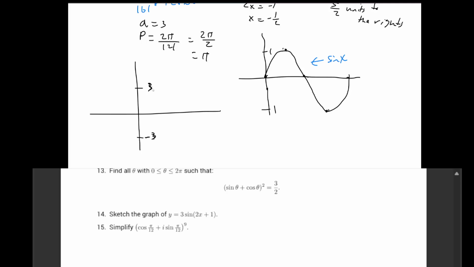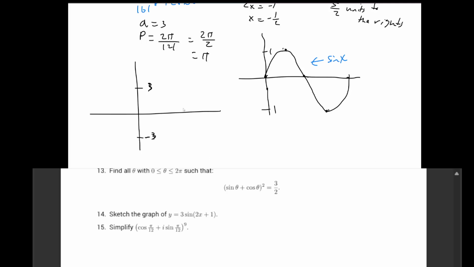Then 2 plus 8 over 2 would be your midline, y equals that. But in this case, y equals 0. The midline's just the x-axis. So our starting value, instead of 0, will just be negative 1 half, so it'll just be moved here.